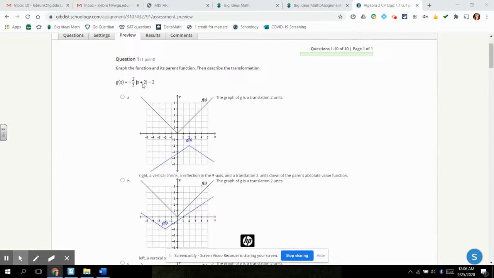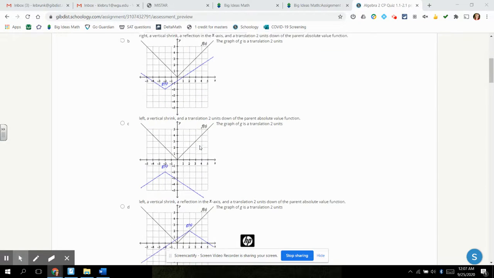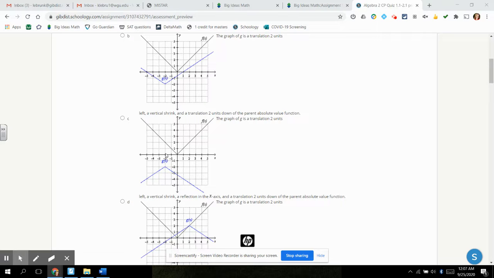I'm going to skip this 2/3 here, and I'm going to come back to that. But inside the absolute value sign, there's a +2, which means it moves left 2. So I'm going to look down here and see which of these blue graphs move this direction. So A's not right because A's moving to the right. We want it to move to the left. So A is out, B was already out. C is moving left.